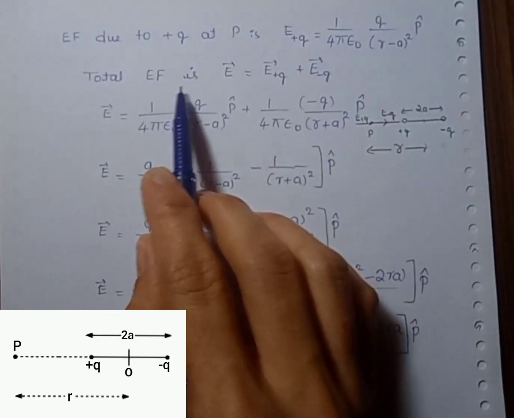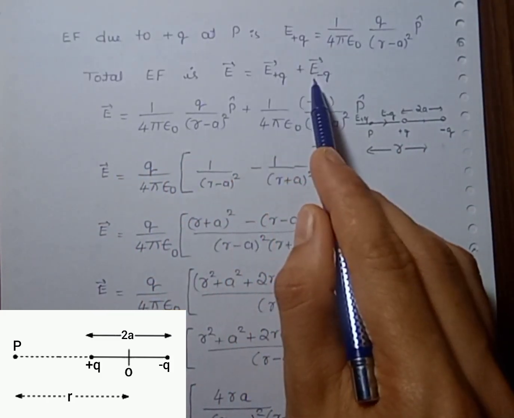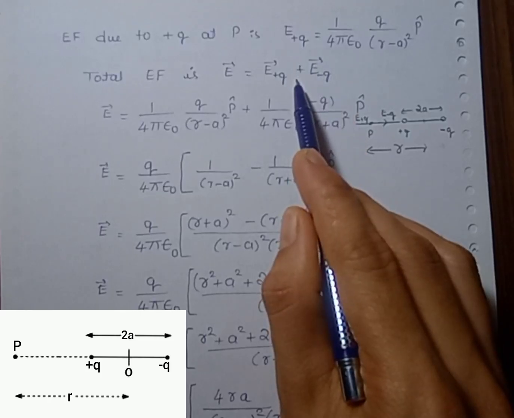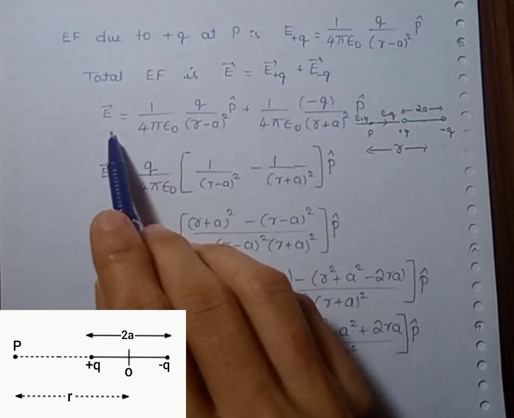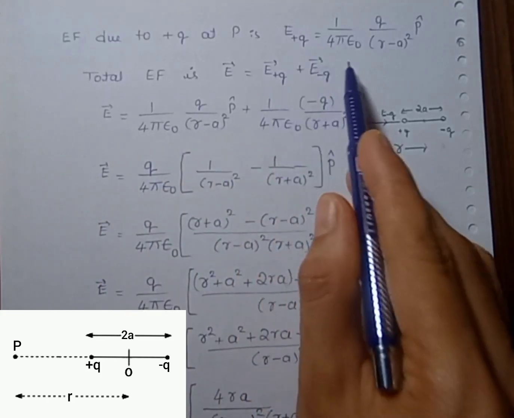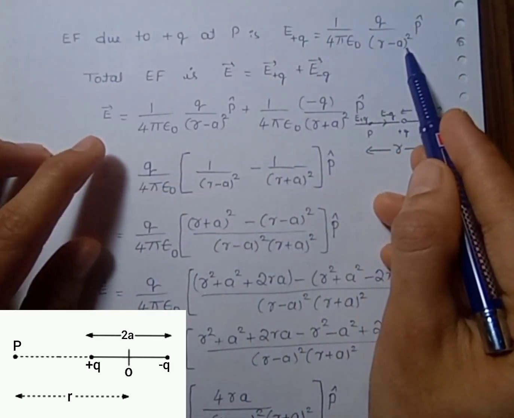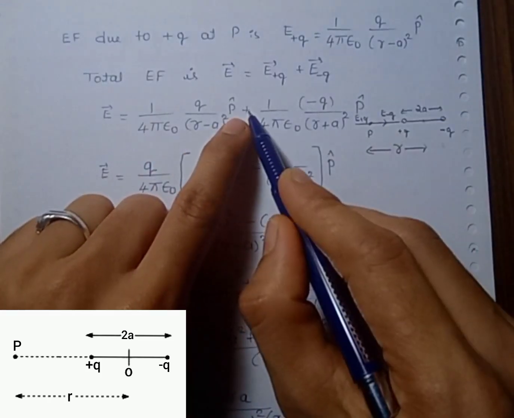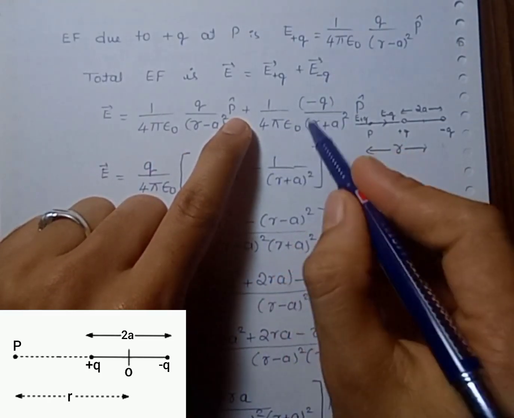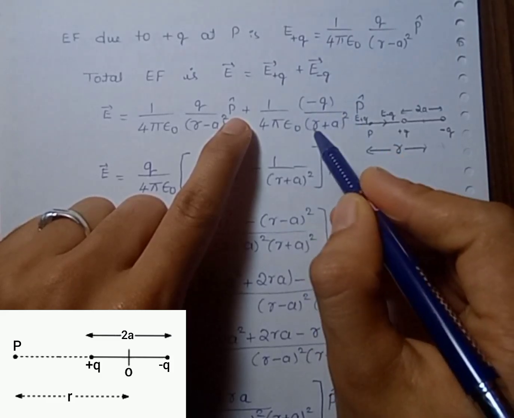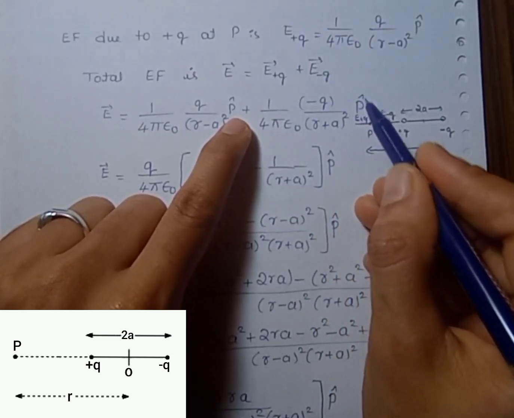Therefore, the total electric field is the sum of E plus q and E minus q. E is equals to E plus q, which is 1 by 4 pi epsilon naught q divided by r minus a whole square p cap, plus E minus q, which is 1 by 4 pi epsilon naught minus q divided by r plus a whole square p cap.